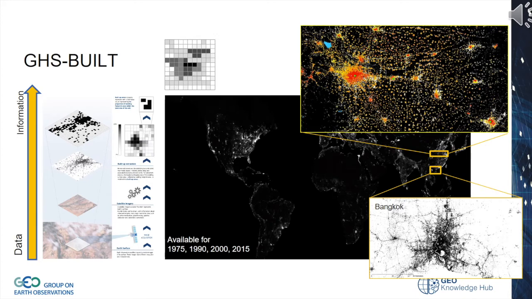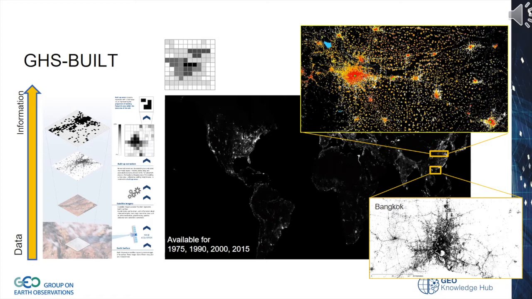We introduce now the three global human settlement layers. This slide shows the global built-up layer, representing the global built environment. It is available for four epochs, 1975, 1990, 2000, and 2015. The built-up layers are produced by processing data from satellite image archives using artificial intelligence.